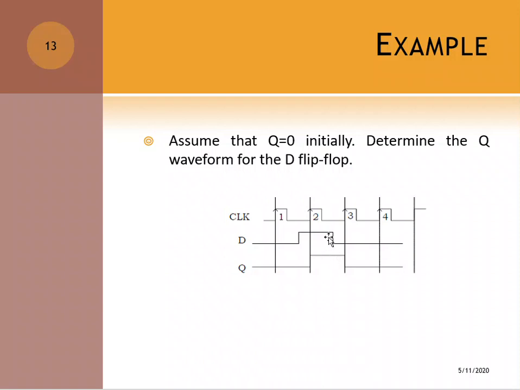Next, in the middle of clock 2, D becomes 0, but Q maintains 1 because it is in the middle of the interval. When clock 3 is activated, Q will be 0 and the rest will be the same. So that is the D flip-flop.